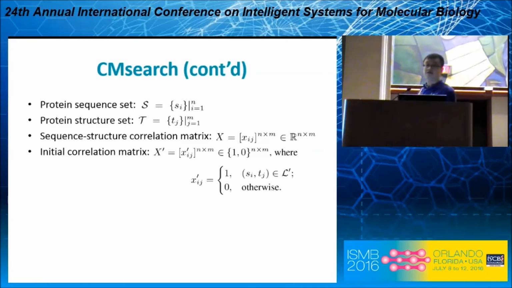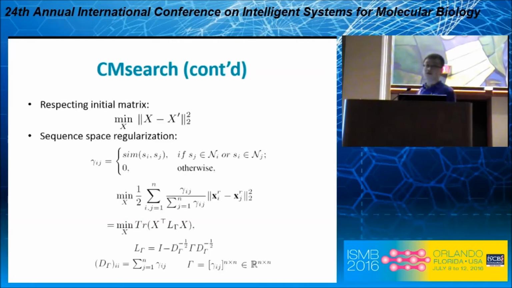At the beginning, I have some initial guess of X, which I call X prime, which is simply a binary matrix, where each entry can be either 0 or 1. 1 means the sequence and the structure correspond to the same protein, and 0 otherwise.